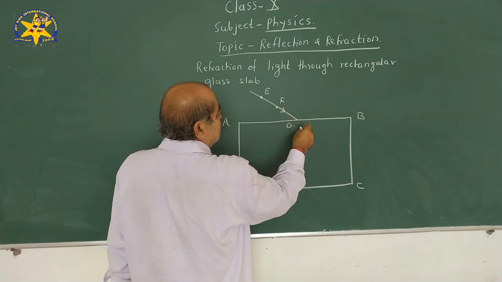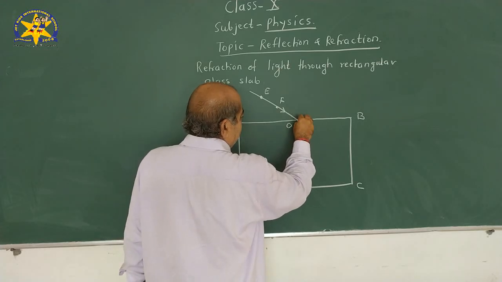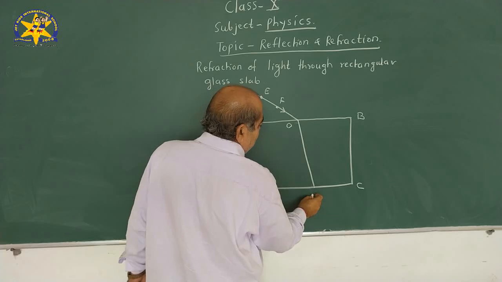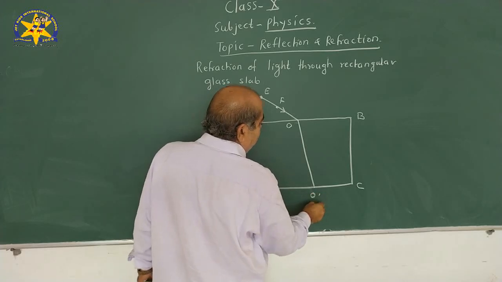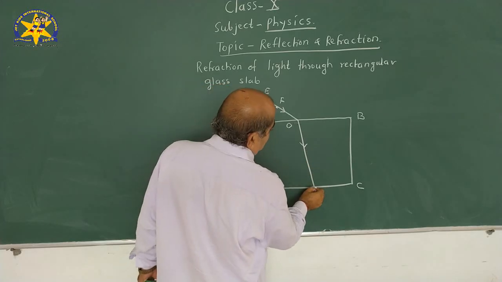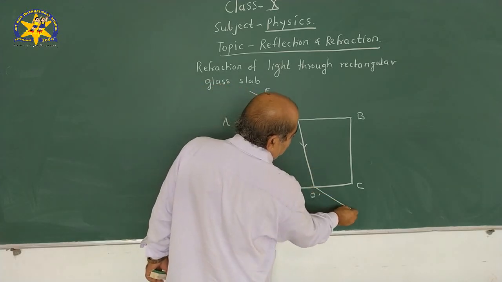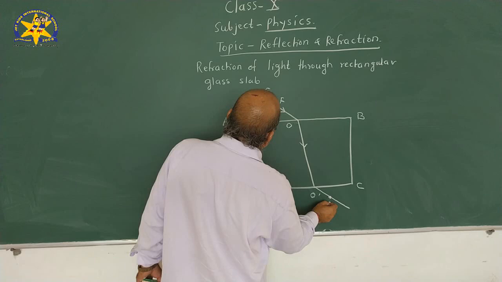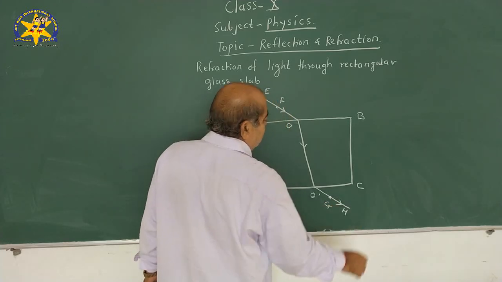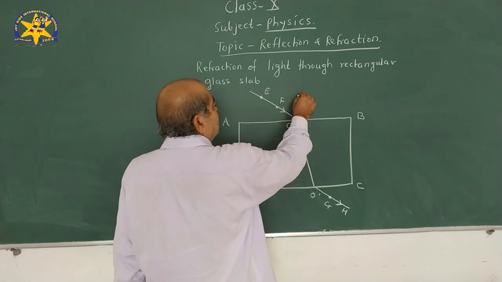EO is the incident ray, then OO dash is the refracted ray, and this is H. O dash H is the emergent ray.